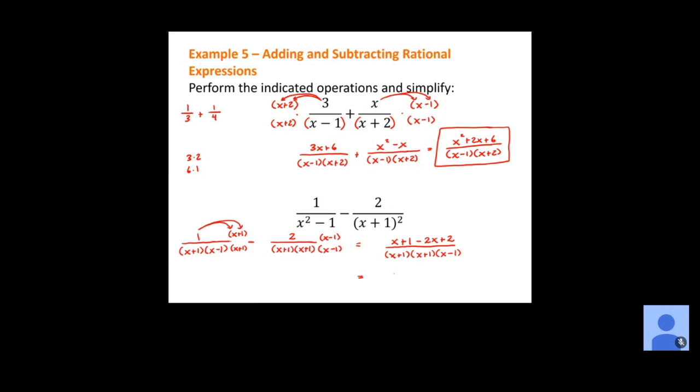Okay, good. So we have a negative x and then a plus 3. All of that now is over x plus 1 times x plus 1 times x minus 1. And again, there are no common factors, nothing else I can simplify here. So this right here is my final answer.